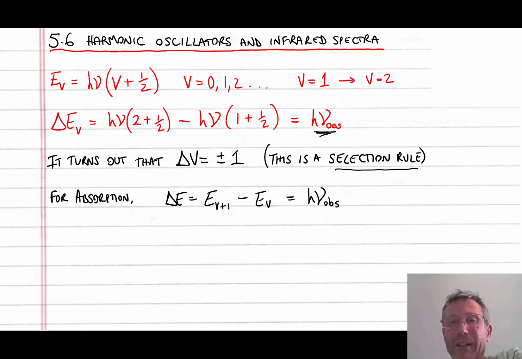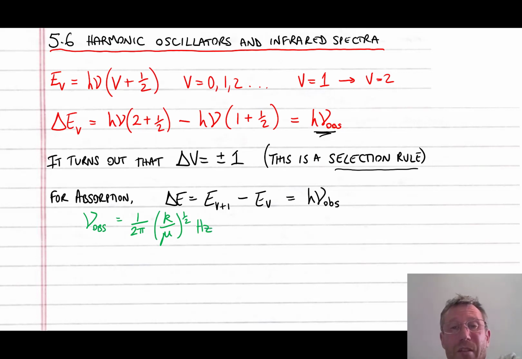We're also going to recognize this nu obs term is equal to 1 over 2 pi multiplied by k over mu to the half, and that's in hertz.